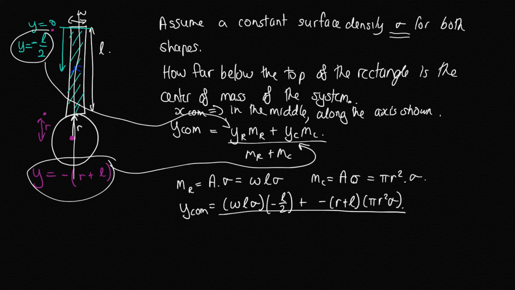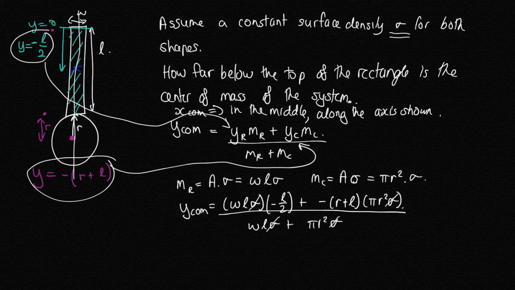And then we are summing together our masses, so we've got W L sigma plus pi r squared sigma. Now you can see that sigma is a common factor in absolutely every single term, so we can cancel it out from everywhere.